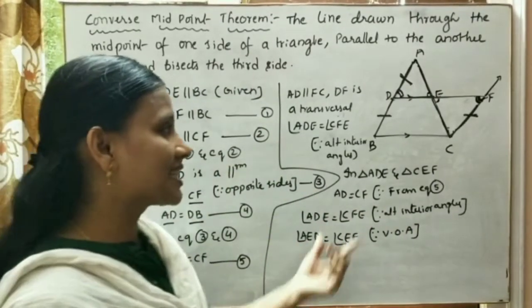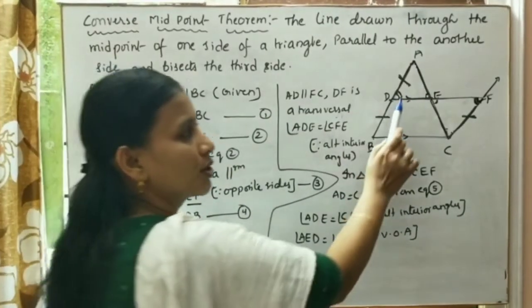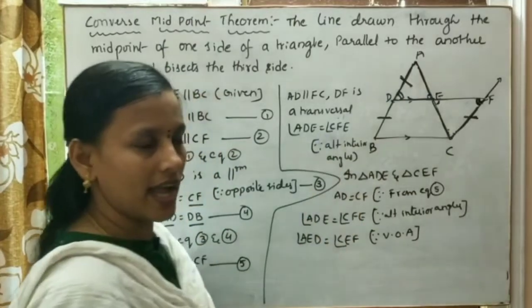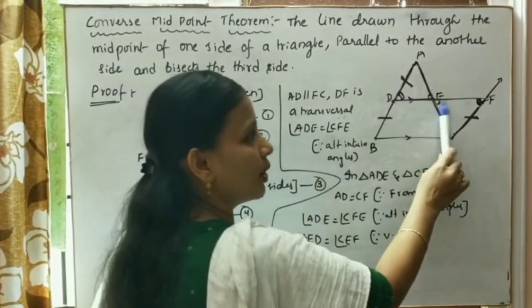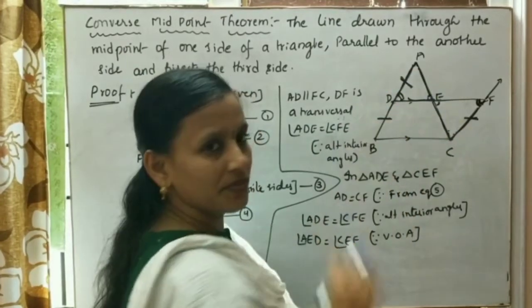By which congruency are these two triangles congruent? If two angles of one triangle are equal to two angles of the other triangle, then the third angle is also equal.